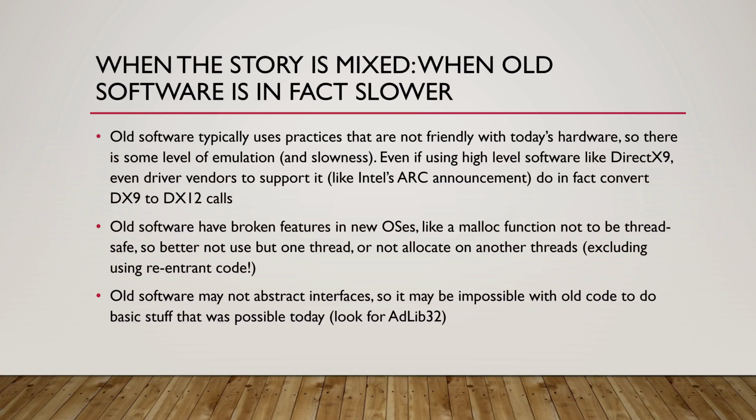Another part you should think about is that sometimes when you think that old software is faster, or the old coding is faster, some of the old software didn't solve any real concerns, or when they solved them, they would solve them in a wrong way. The simplest example I can think of is that the main function which we use to allocate in C, malloc, is not thread safe by default in a very old Microsoft C compiler.